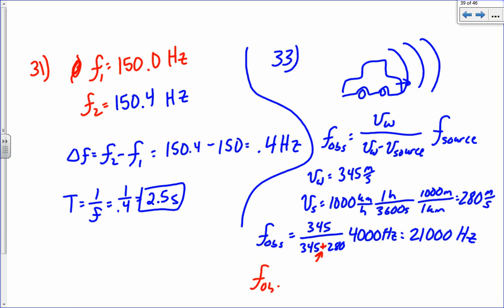And then our observed frequency would be 345 over 625 times 4,000, which is 2200 hertz. So it's a lower frequency. So I believe that's the end for chapter 8.